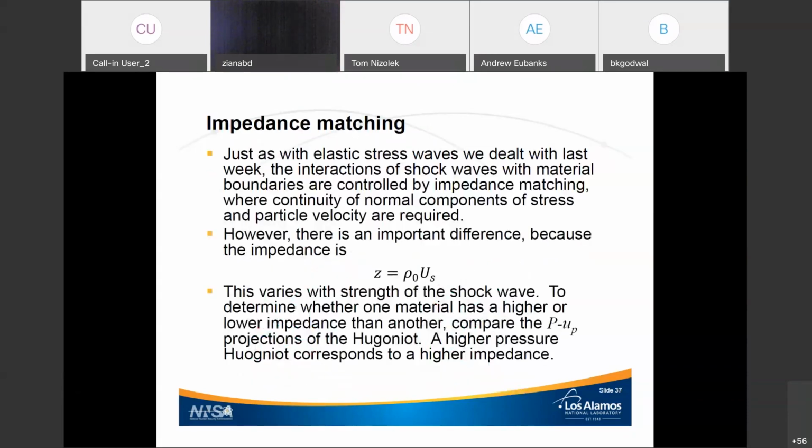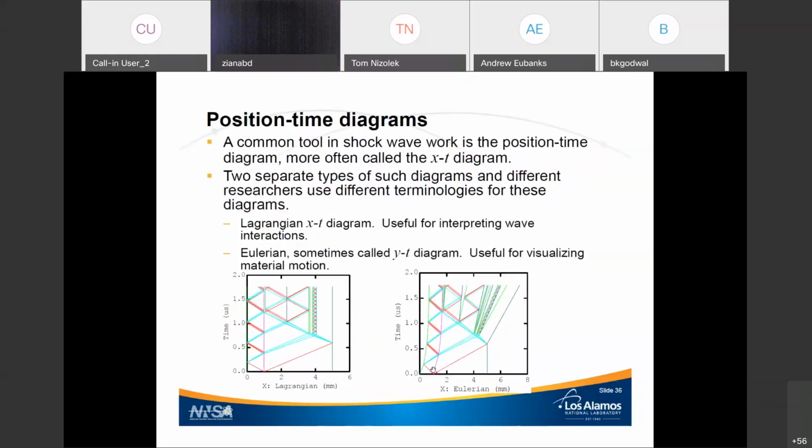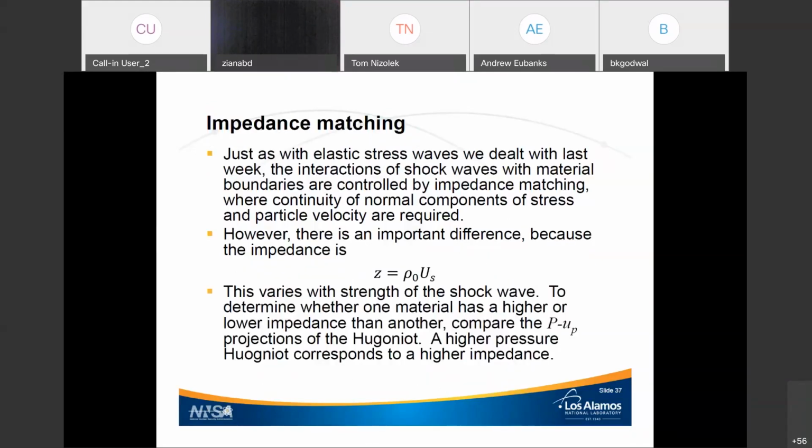Now, I just mentioned that the state produced here has to do with impedance matching, and it's the same thing. Just like with elastic waves, the interactions of shock waves with material boundaries are controlled by impedance matching, where the normal components of stress and particle velocity have to be continuous.